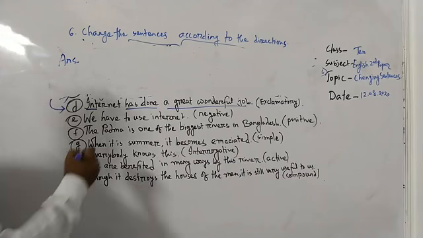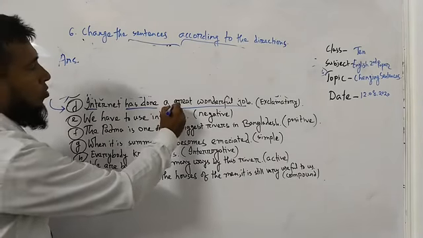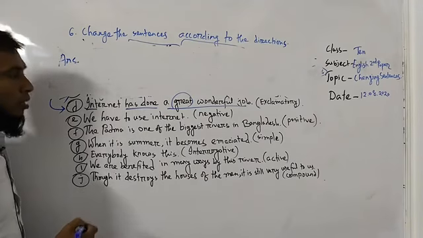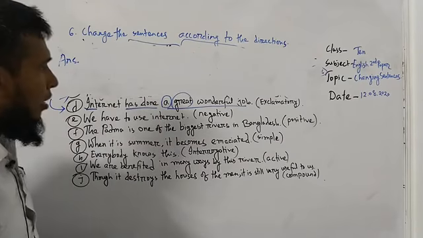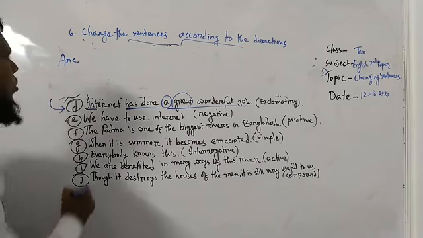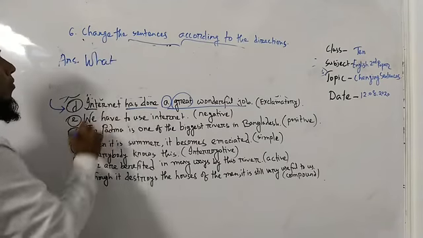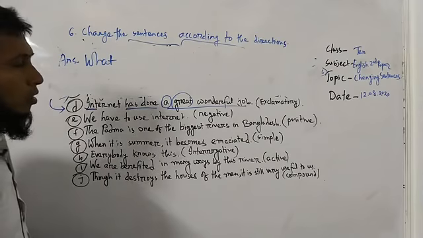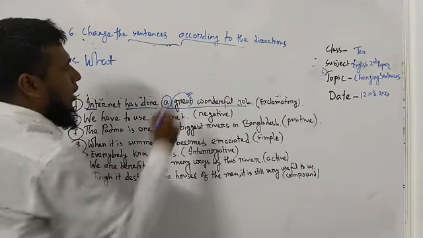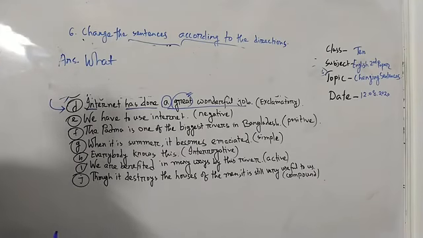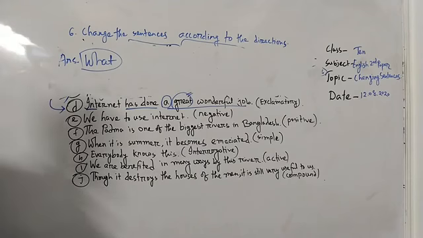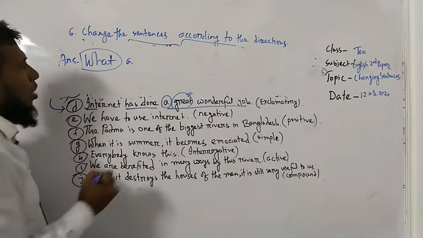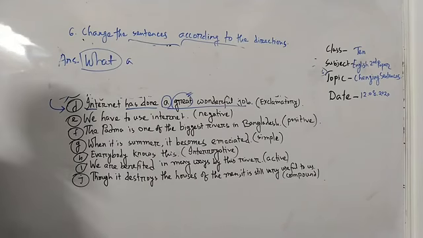Time is over. Internet has done a great wonderful job. We know that in assertive sentence we see a, and then in exclamatory sentence will be what. Then great will be deleted. We shouldn't write great again, because instead of great here used what a. Why have we used here what? Can you tell me?